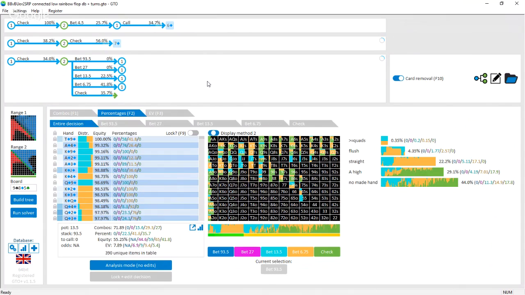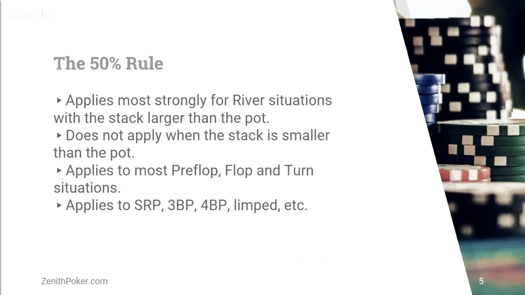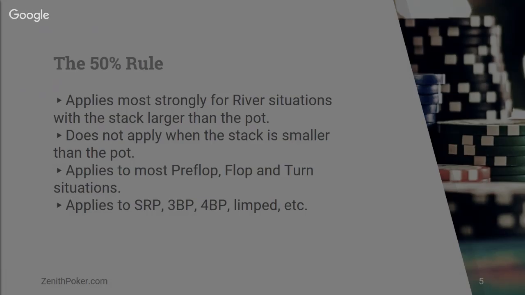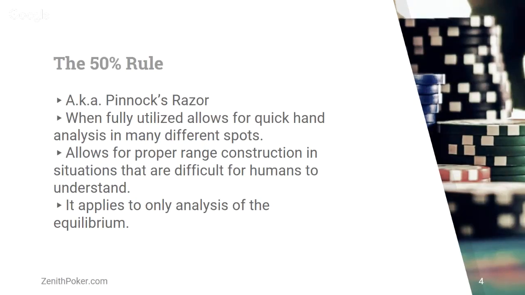And so, sure, it's useful to know the spots where it doesn't apply, but even if you didn't know all those spots, understanding that the 50% rule will apply most of the time will still give you a pretty good estimate of what you should be doing, especially on the river, because it applies very strongly on the river.